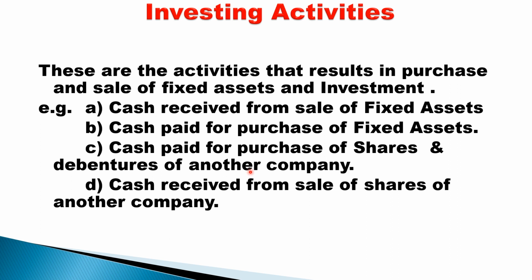So A company will invest in the shares of B company. Then for A company, it is called investment. Cash received from sale of shares of another company. These are called investments. Say A and B is called fixed asset, C and D is called investments.